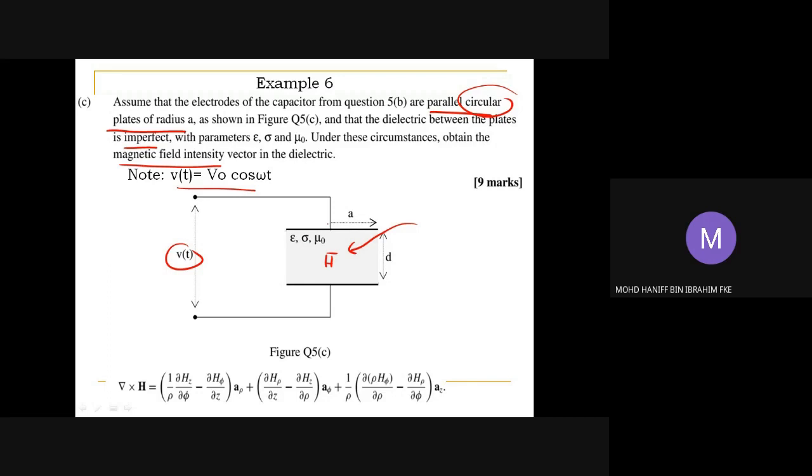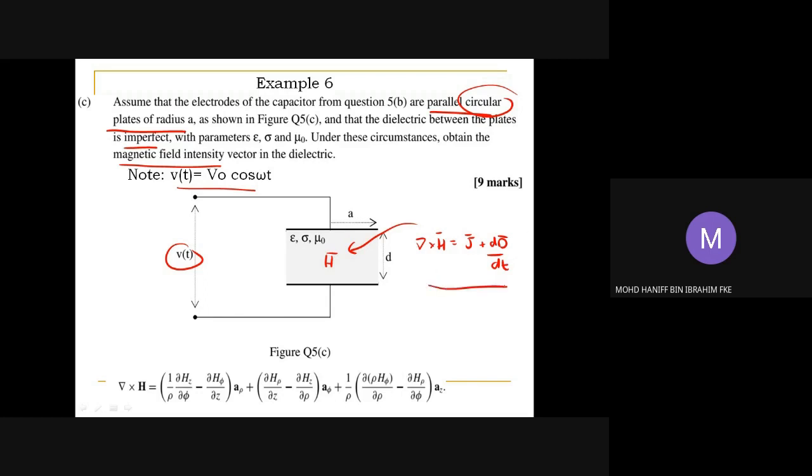From what we have learned before, to find the H field in a lossy medium, the Maxwell equation related to this particular problem will be the curl of H equals J plus dD over dt.